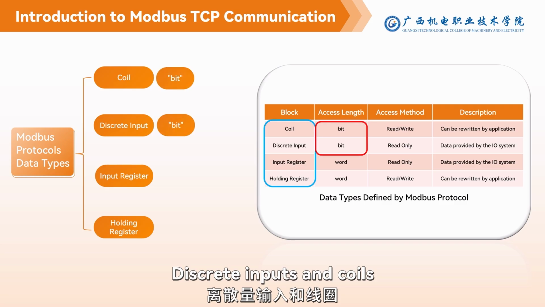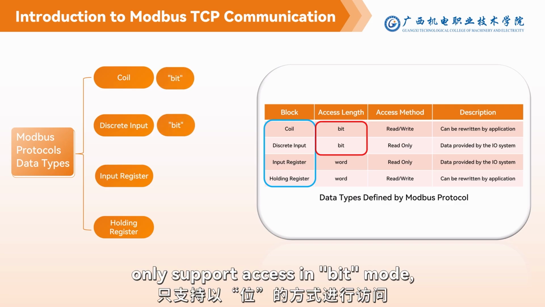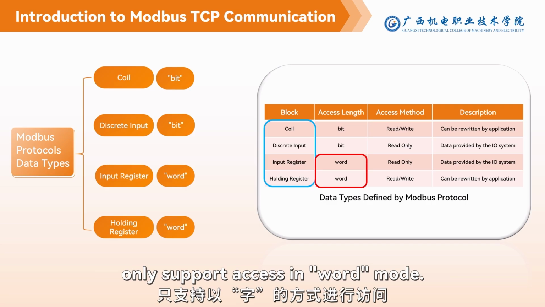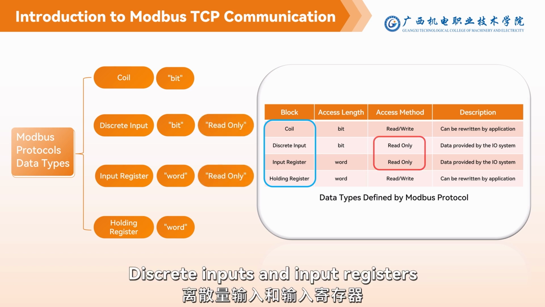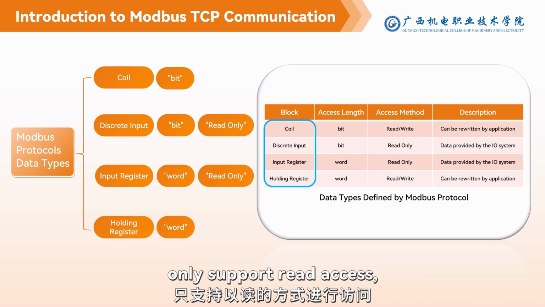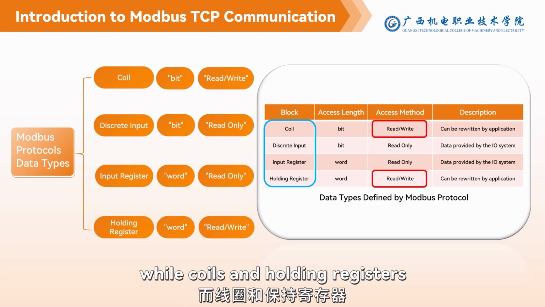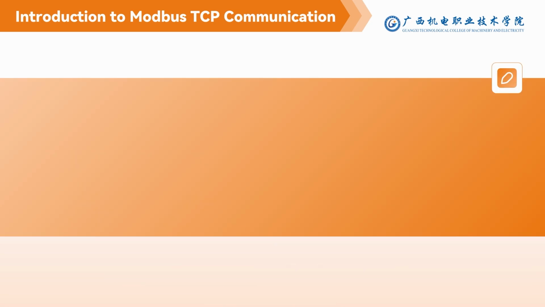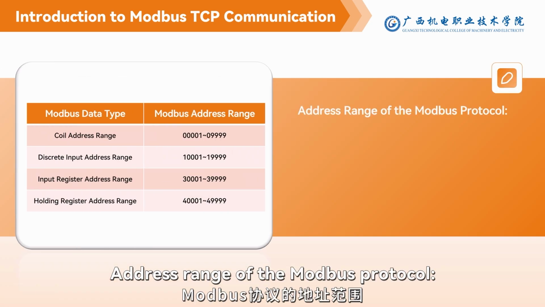Discrete inputs and coils only support access in bit mode, while input registers and holding registers only support access in word mode. Discrete inputs and input registers only support read access, while coils and holding registers support both read and write operations.